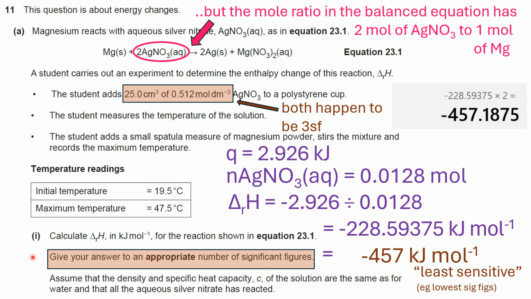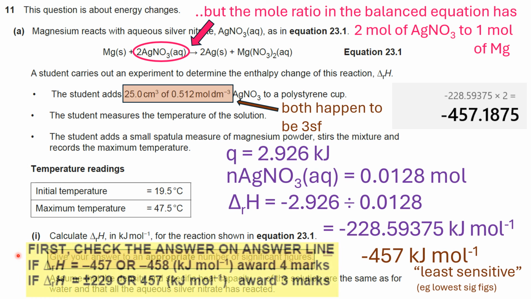So you need to change this into minus 457 kilojoules per mole, because this is the least sensitive number of significant figures. If they were different, you would go for the lower number of sig figs out of the two. So there's our answer, and you can see the final marking point is for recognizing that it's 2 moles of silver nitrate in the equation that this is working for.